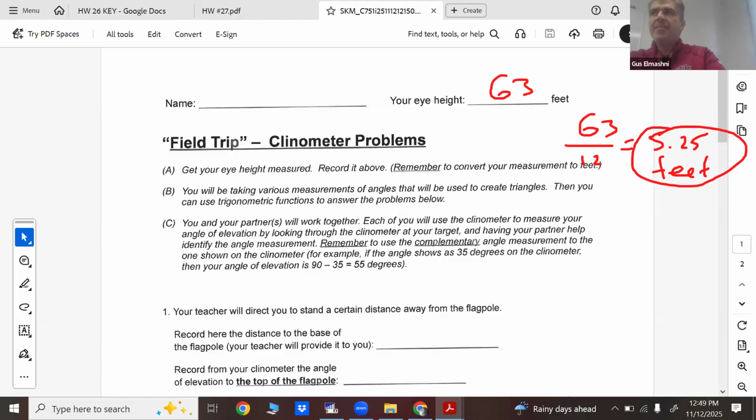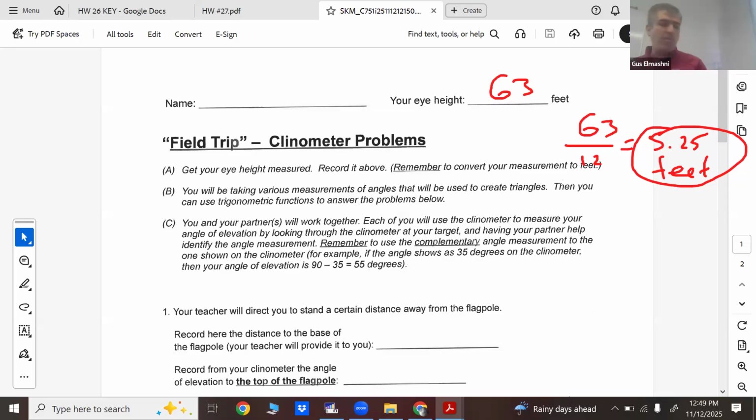You're 61.5 or 61. That's a weird decimal. 68 is 5.67. You like that?